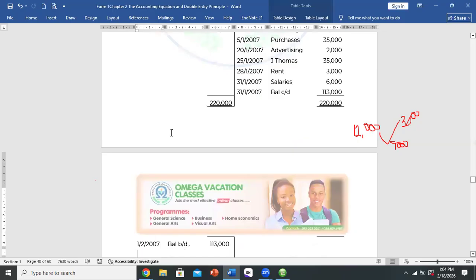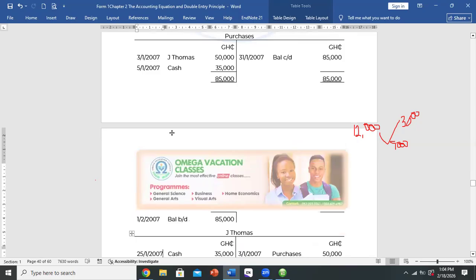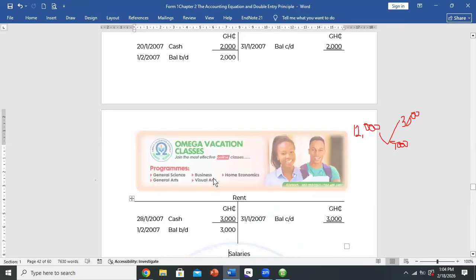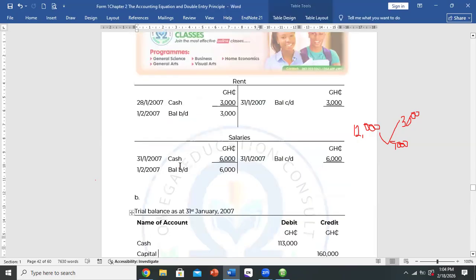Okay, I want to see if I can get one of them here to show you. Yes. Okay, let me draw one. So let's say that this is, for example, a Kofi account, right?